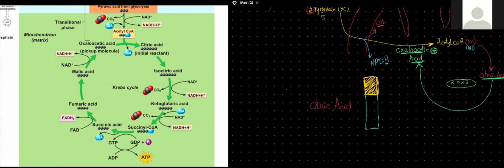So what is the citric acid formed of again? It's formed of acetyl-CoA and the oxaloacetate. If I told you that this citric acid is going to pass through a cascade of reactions on here, it will become oxaloacetate.